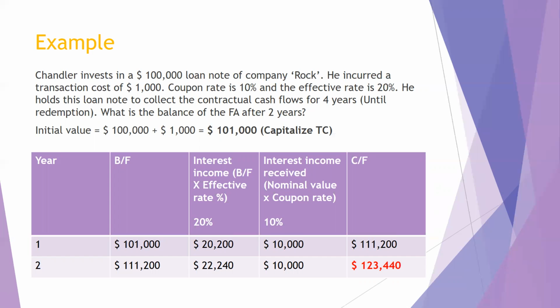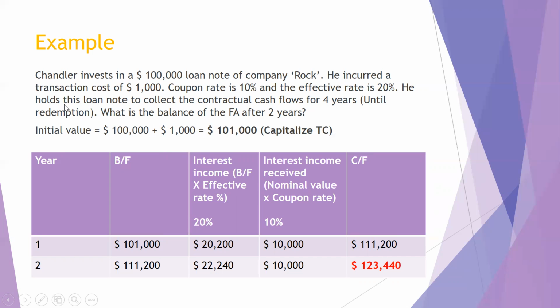You have to capitalize the transaction cost as part of the financial asset. So the double entry will be: debit the financial asset $1,000, credit cash or bank $1,000. I have shown here the capitalization of the transaction cost.